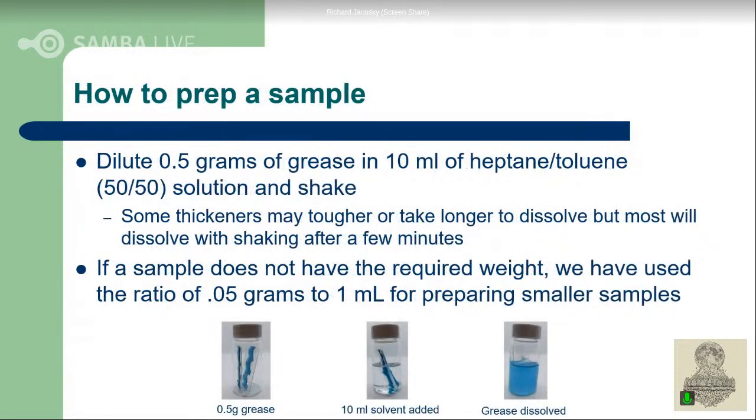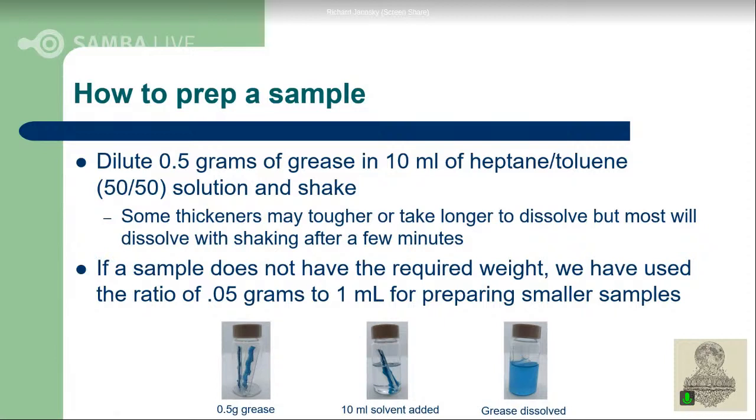So then on to our sample prep. This will be a paper that Lisa actually wrote, and I will post in the comments during Lisa's demonstration. But the sample prep from Spectro, you want to use a 1/2 gram of grease, and that's going to be dissolved in 10 milliliters of a heptane toluene solution that is in a 50-50 mix.